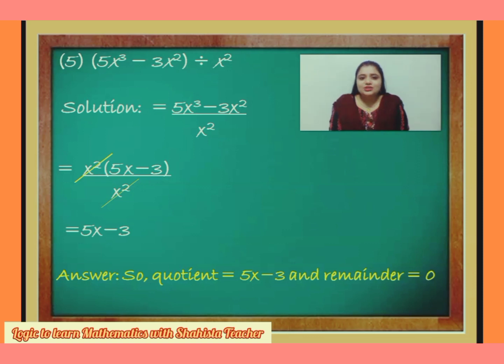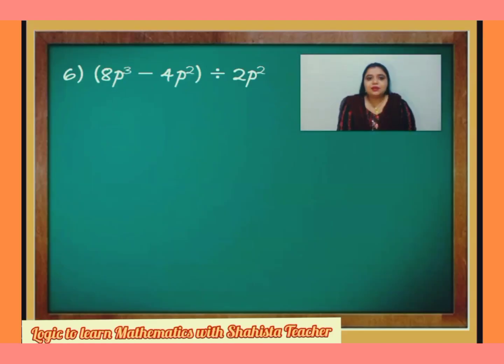Now let's solve sub-question 6. Sub-question 6 says 8p cube minus 4p square divided by 2p square. Here 8p cube minus 4p square is a binomial term and 2p square is a monomial term. Simply we have to divide this and find the quotient and remainder.